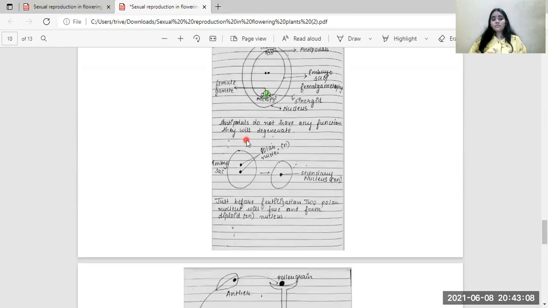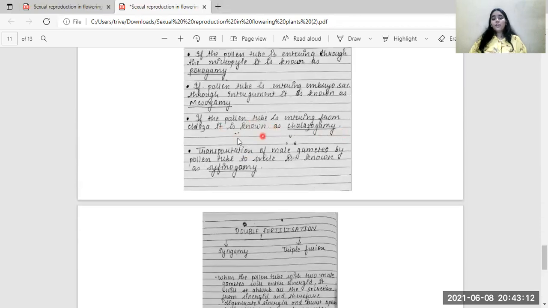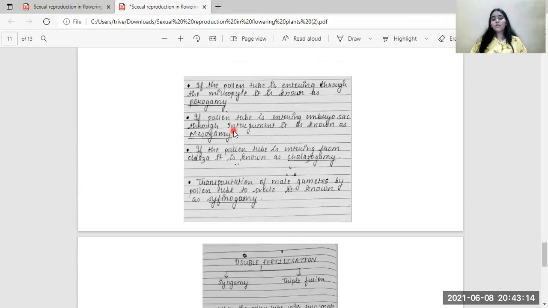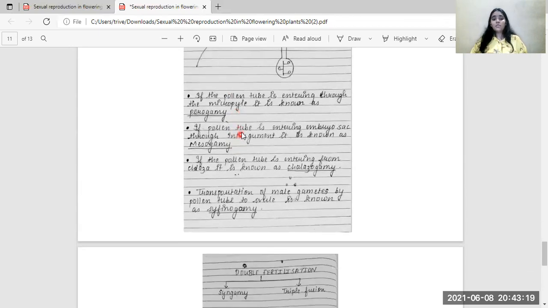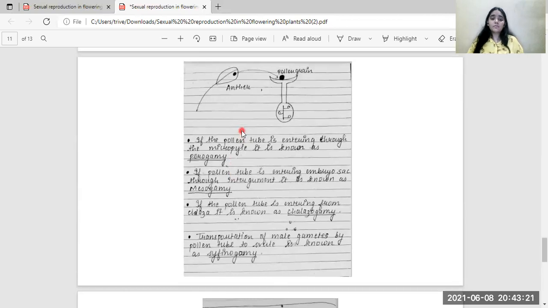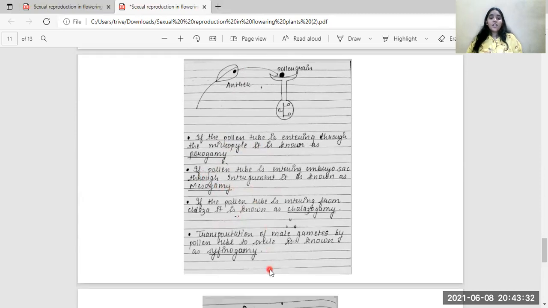And if the pollen tube enters from the chalaza, it is known as chalazogamy. So we saw three ways to enter the ovule or the embryo sac: through the micropyle, through the integument, and through the chalaza.